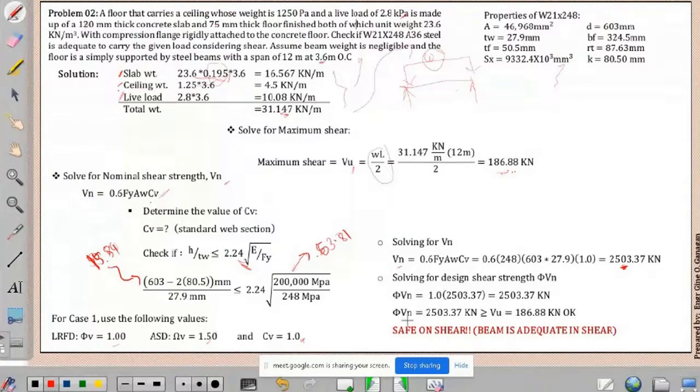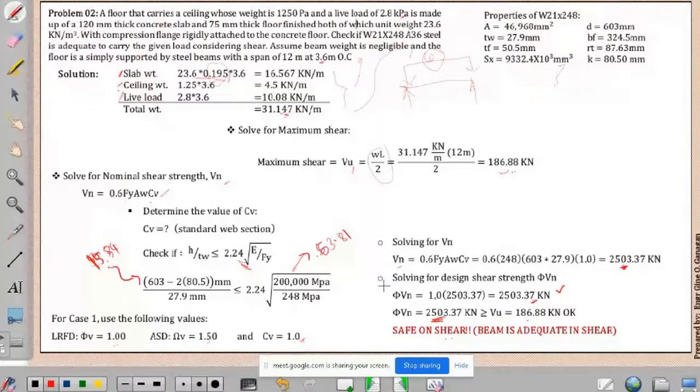LRFD pa rin lahat ng ginamit ko dito. 1.0 times the nominal shear is equal to 250.37. So, i-compare natin ito dito sa ating ultimate shear, which is 186. Mas malaki pa rin yung design natin. So, yung beam natin is adequate sa ating shear.